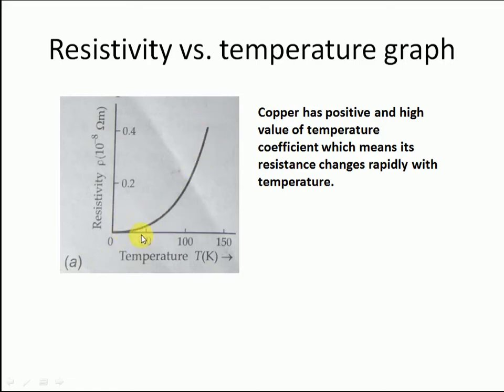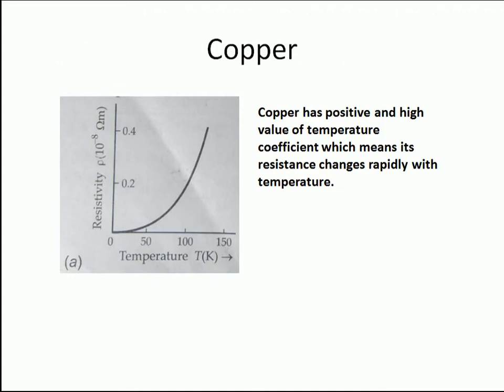As you can see, when the temperature is increased, the resistivity increases very sharply. So that's why I call it positive and high value of temperature coefficient, that alpha is very high for copper. With temperature, its resistivity changes rapidly. So this is for copper.